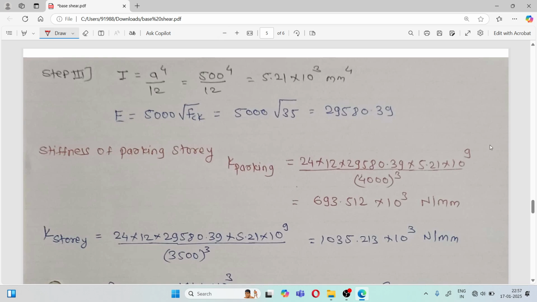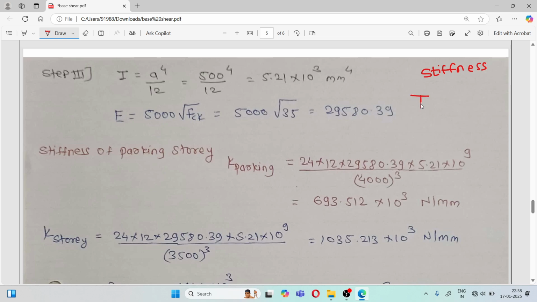For calculating the displacement, you need to calculate the stiffness. As the beams are rigid, that means we are considering the fixed condition, where the condition is something like this. In this case, the formula is 12 EI upon L cube.